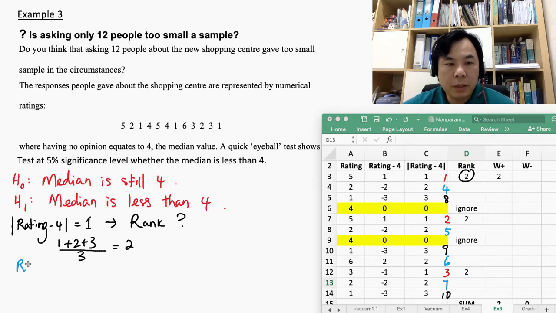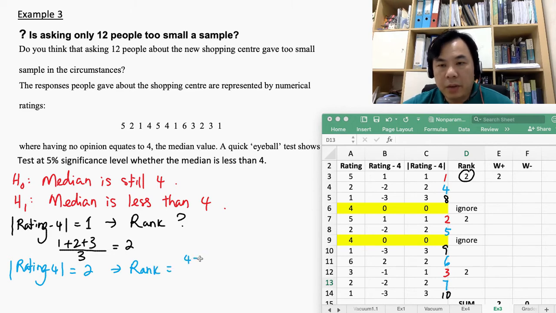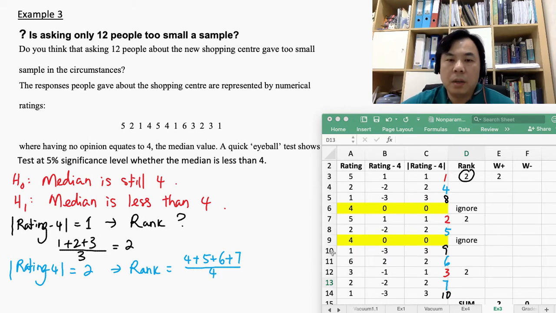So for the deviation of 2, the ranking is calculated using the average value for the sum of the ranks. So there is a 4, 5, 6 and 7, divided by 4 here. So that would typically be 5.5.